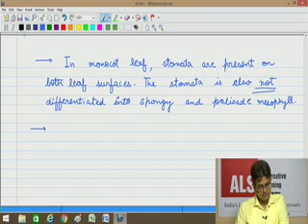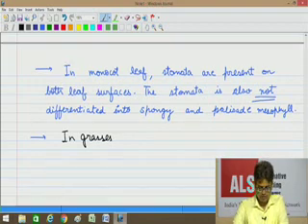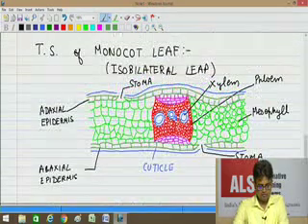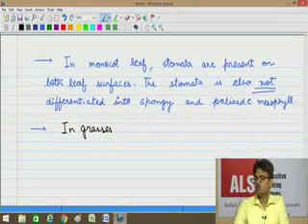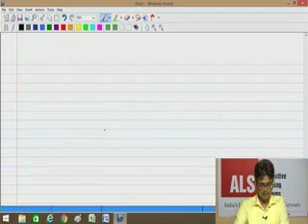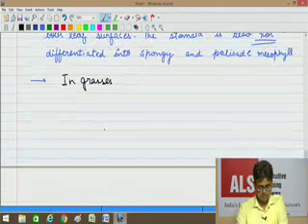In grasses, okay, everybody has drawn, right? There is nobody remaining. Okay, so now I can write the points.